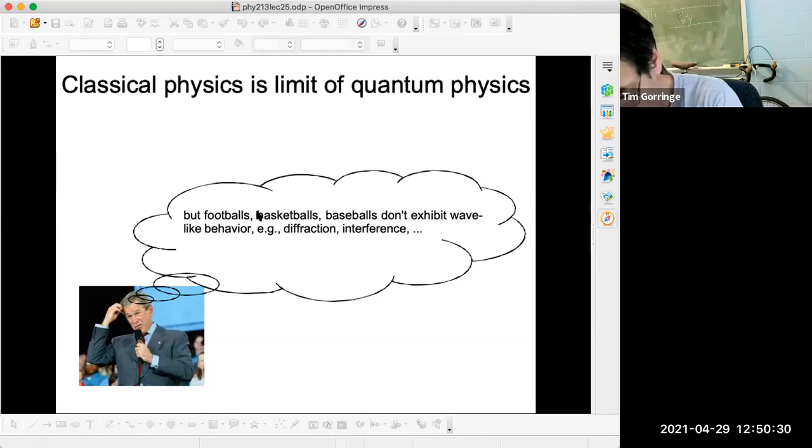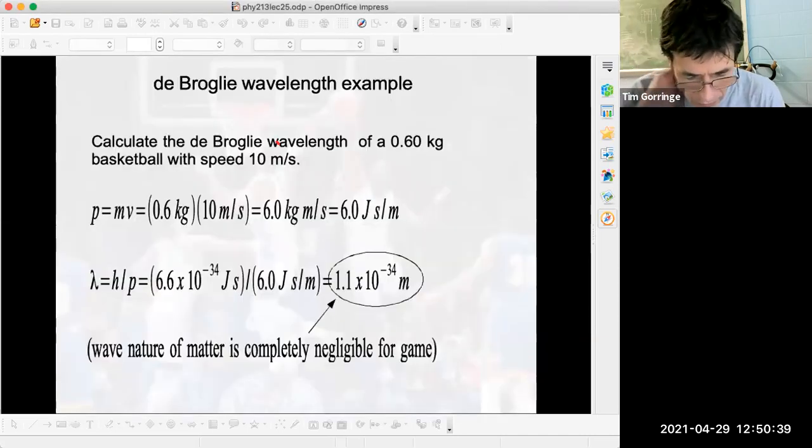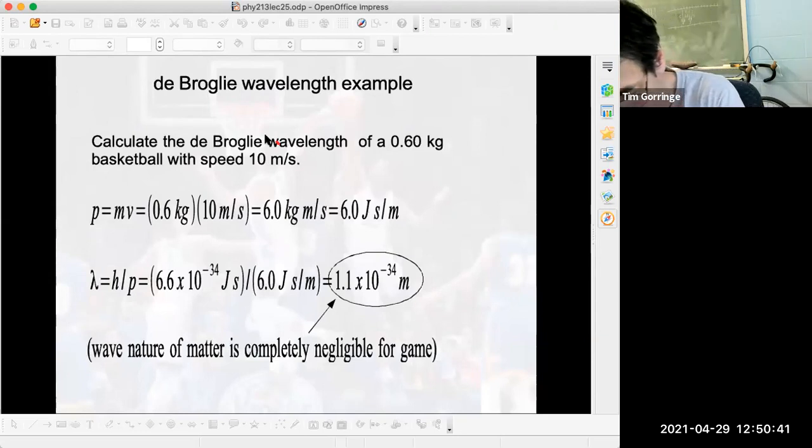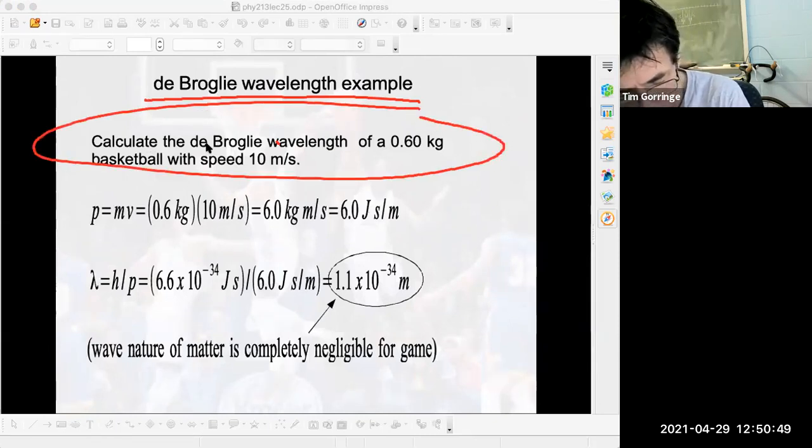Well, let me show you. This is an example of a calculation involving de Broglie waves or matter waves. In this example, it says calculate the de Broglie wavelength of a 0.6 kilogram basketball with a speed of 10 meters per second.